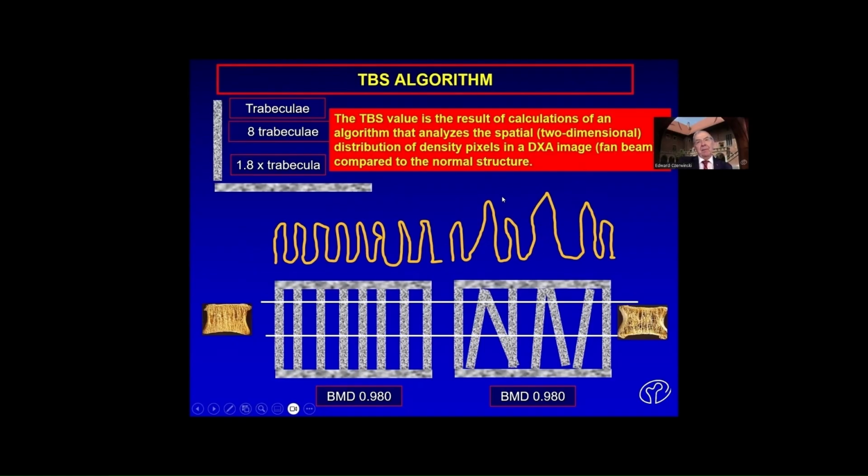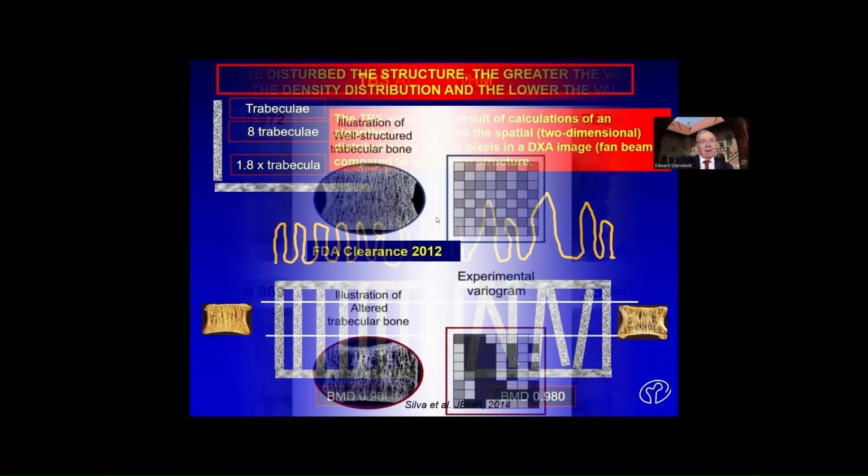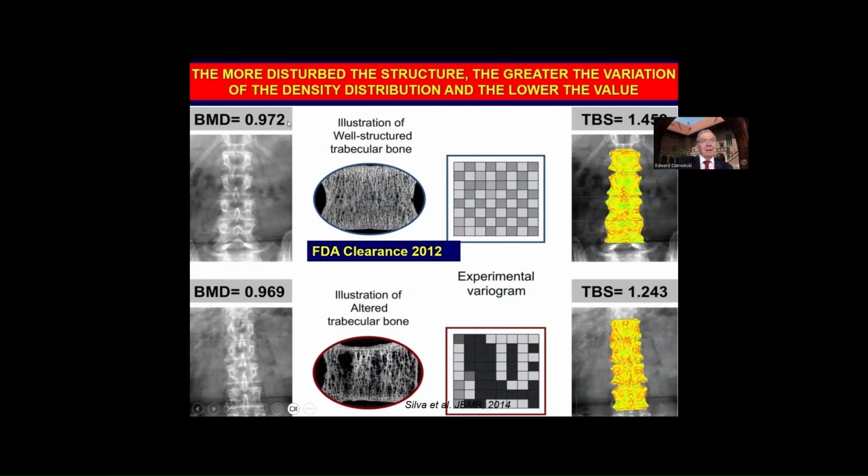So the algorithm just takes care how regular or irregular the structure is. And here are 2 vertebrae with the same BMD, 0.9, 0.9, but the trabecular score for that one is 1.42 and for the other is 1.2.